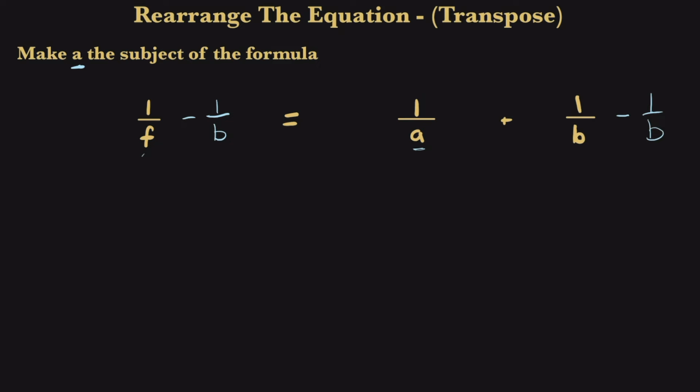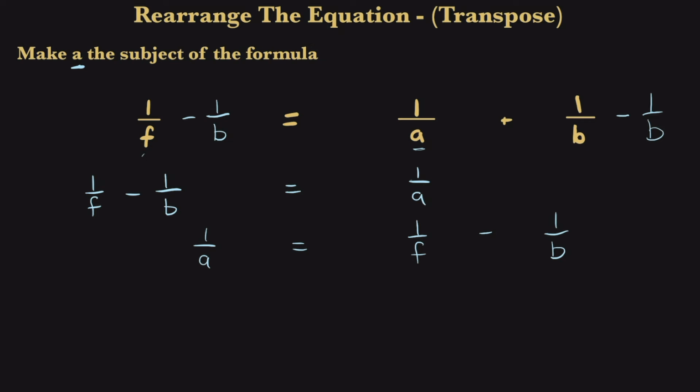Now, if I rewrite the left-hand side, it'll be 1 over f take away 1 over b is equal to 1 over a. I'm going to write it the other way around. So I'm just going to write 1 over a is the same as 1 over f take 1 over b. So I've got the a on the left-hand side of the equation.